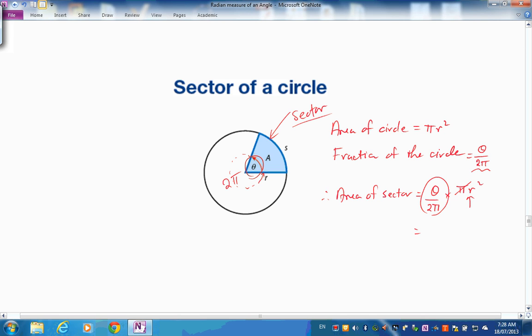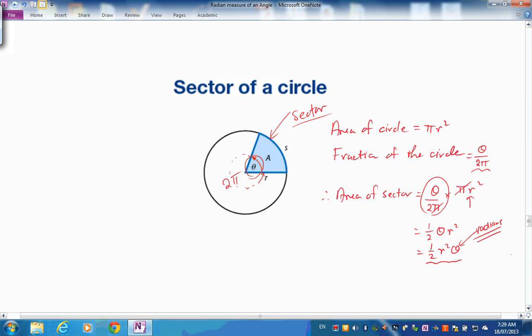Okay, let's do some cancelling here. So we've got a half theta r squared. And we usually write it as a half r squared theta. So there's a nice way of getting a simple formula for the sector. So the area of a sector is a half the square of the radius times the size of the angle, as long as this is in radians.